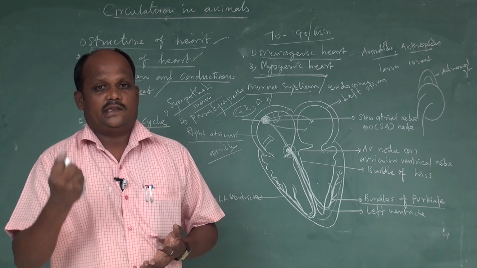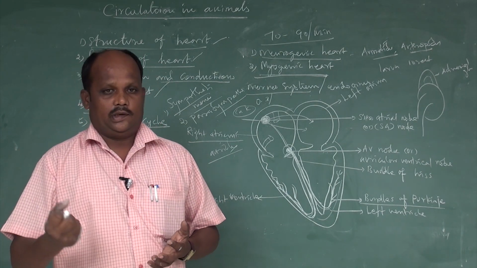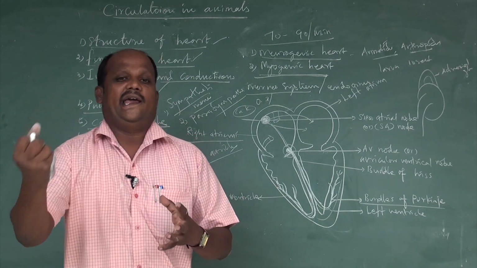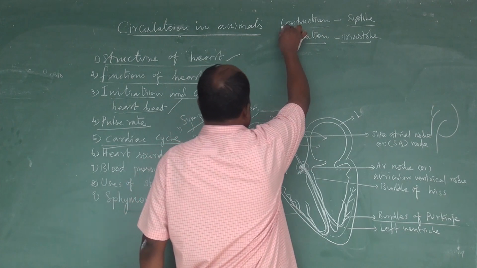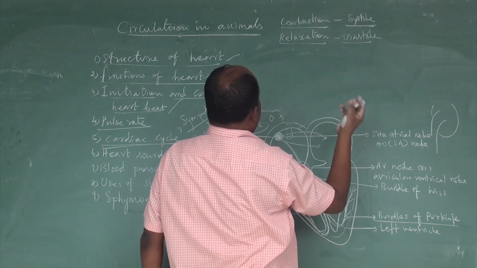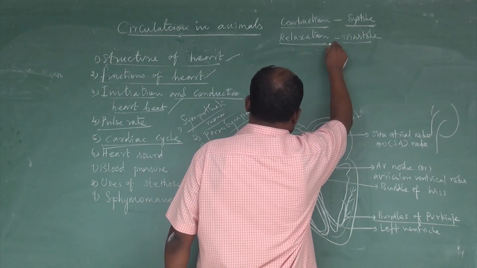The contraction phase is called systole. When the heart muscle relaxes, that is called diastole.